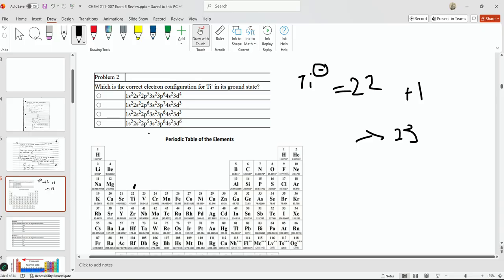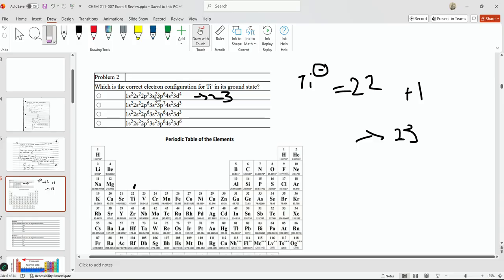So quickly we can just look at which of these subscripts or superscripts add up to 23 and figure it out from there. Okay, this one is 23, but it's not valid because P can hold only 6 electrons, right?